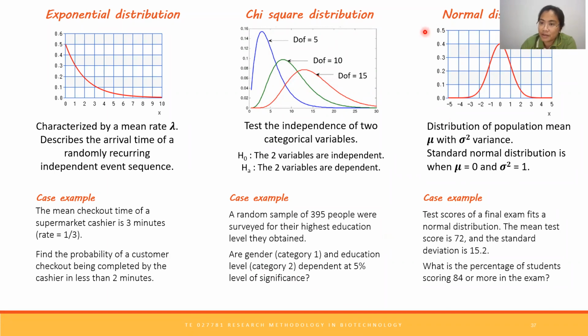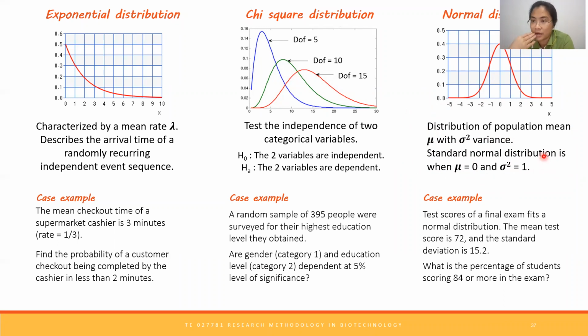Normal distribution is one thing that we have mentioned a little bit earlier, about the shape of the distribution itself. It's a distribution of the population mean. Population mean is mu, and the sample mean is x bar. A standard normal distribution is when mu is 0, and that is a feature of the normal distribution.